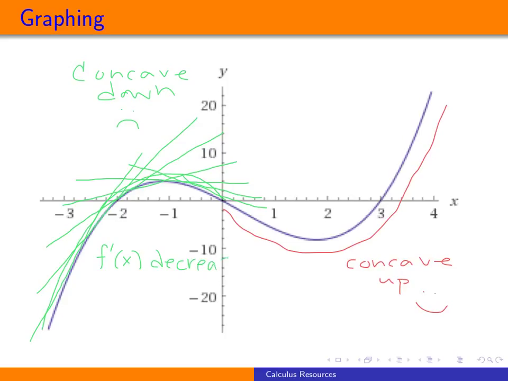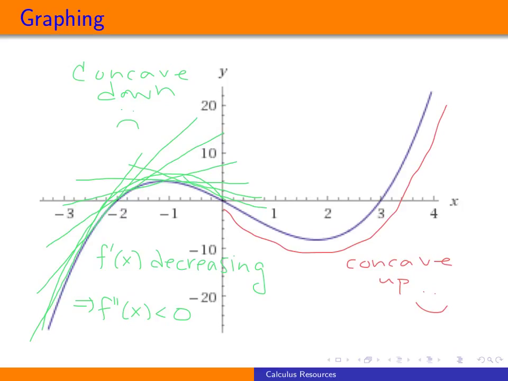So my f prime of x is decreasing here. And as we just discovered, when a function is decreasing, its derivative is negative. So therefore, the derivative of the derivative, the second derivative, is less than 0. And that's how I can tell when something is concave down.